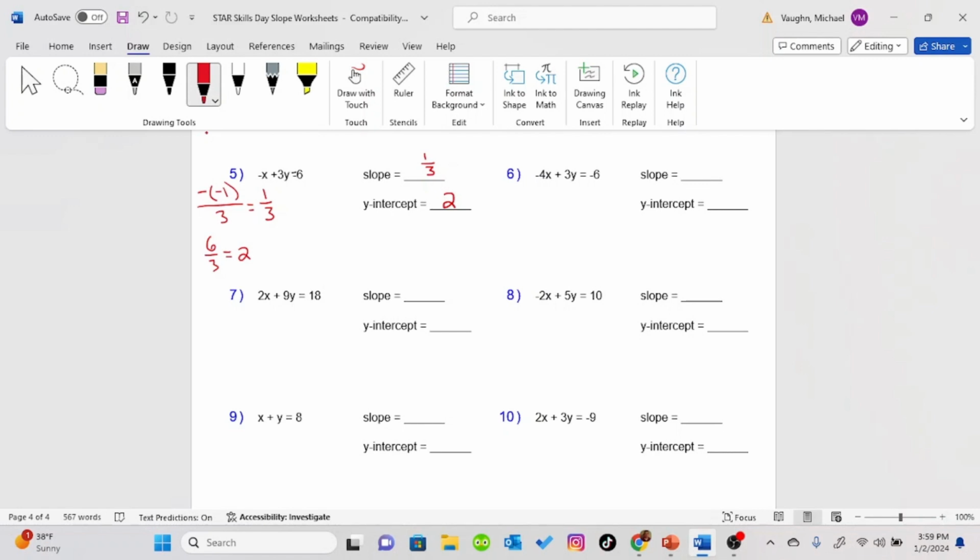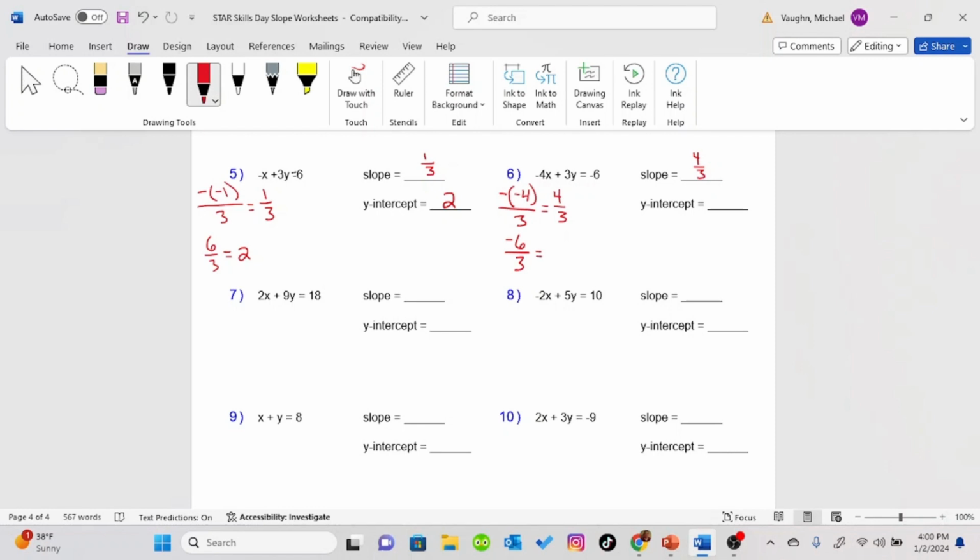Number 6, my slope is negative a over b. Minus a negative is positive. So my slope is 4/3. And my y-intercept is c, which is negative 6, divided by b, which is 3.